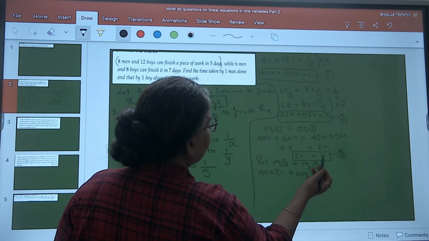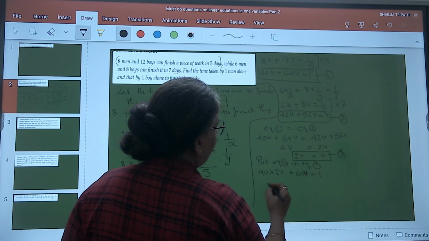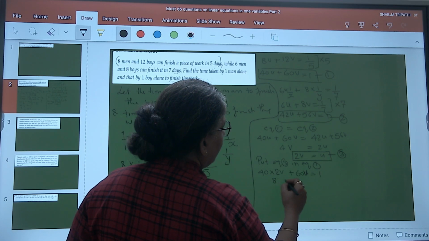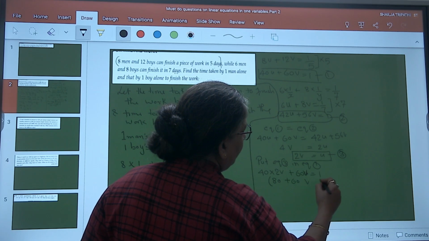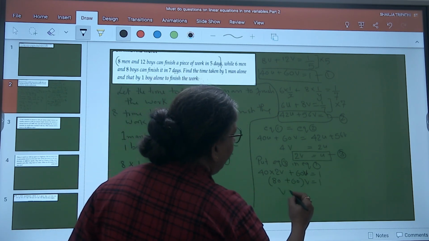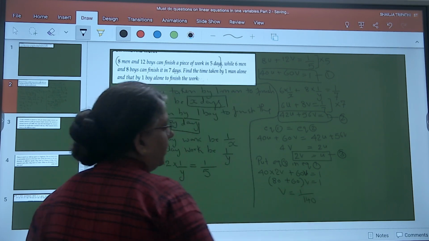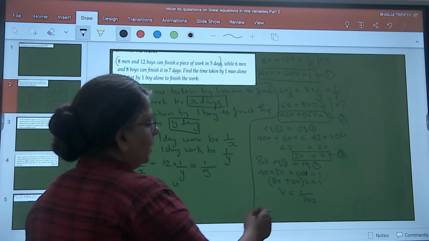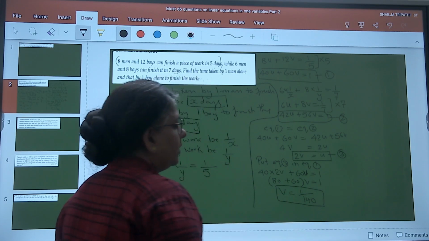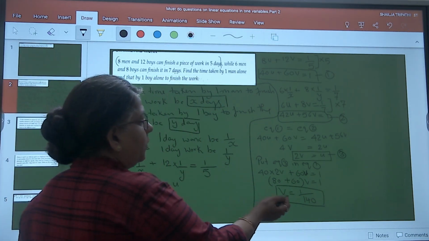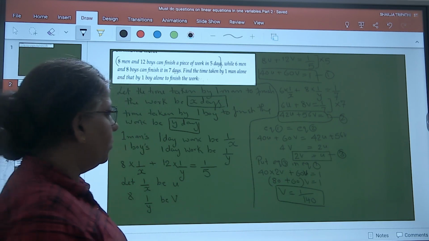Wait, with u replaced, we get 80v plus 60v is equal to 1, or v is equal to 1 upon 140. 80 plus 60 is 140. So value of v is 1 upon 140. Hence put the value of v in equation 3, you will get the value of u.